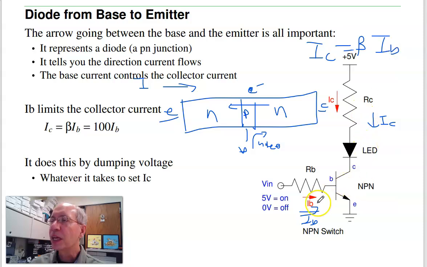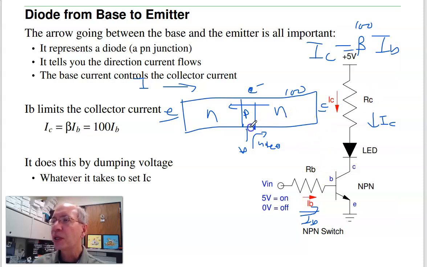If IB goes up and down, IC goes up and down. Beta is a function of the doping. If this says doping of 100 times the base, I have current gain of 100. So I'd have IC is 100 times IB. That's your amplification. So that's kind of how the switch works. The collector current is amplified base current.